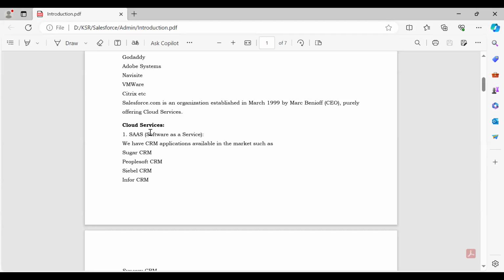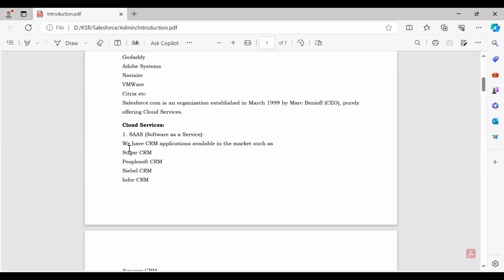Okay, so as part of this cloud computing model, that ready-made CRM application, we call it Salesforce CRM. Okay, so we have so many CRM applications in the market.